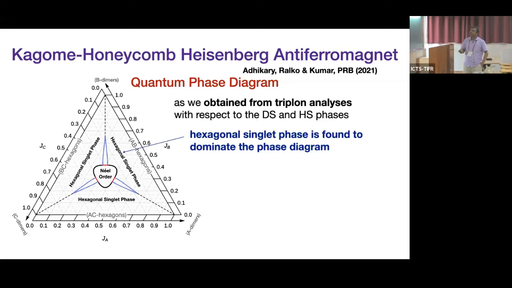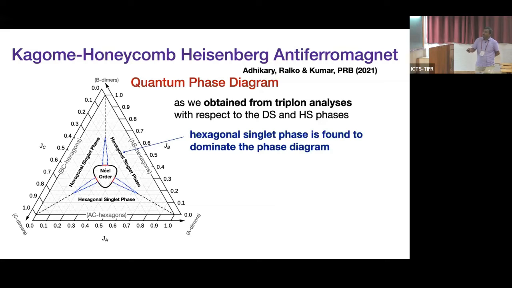But let me just discuss the phase diagram as we obtained from the triplon analysis, the stability analysis of these candidate quantum paramagnetic states. So what we find is that this hexamer singlet phase, and these three are equivalent regions because of the symmetry between A, B, and C bonds. So you can just focus on any one of them. So let us focus on AB hexagons coupled via C coupling.